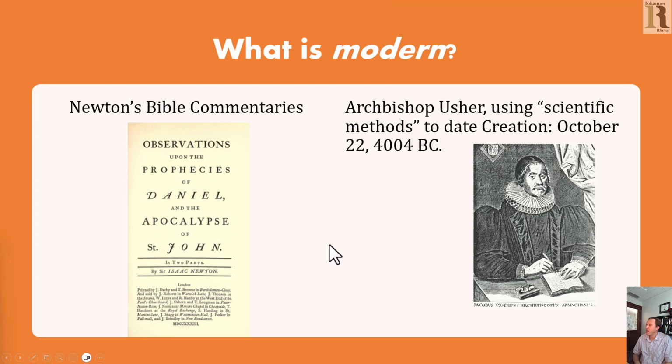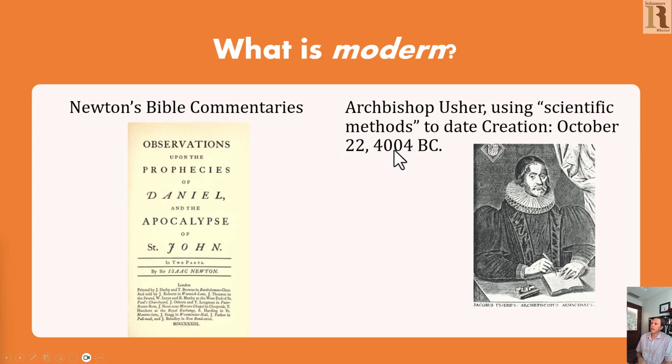And it's funny because Archbishop Usher is sometimes associated by critics with a kind of anti-science mentality, with young Earth creationism, the idea that the Earth is only 6,000 years old. Some young Earth creationists use the dating of creation proposed by Archbishop Usher in the 1600s: October 22nd, 4004.